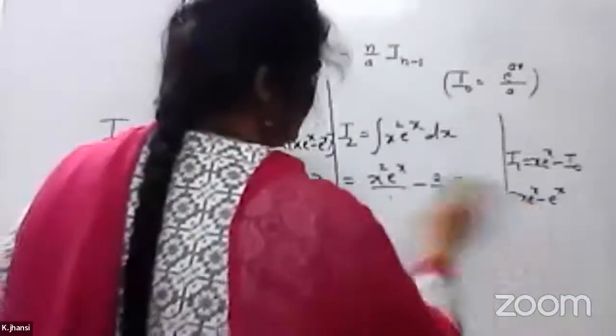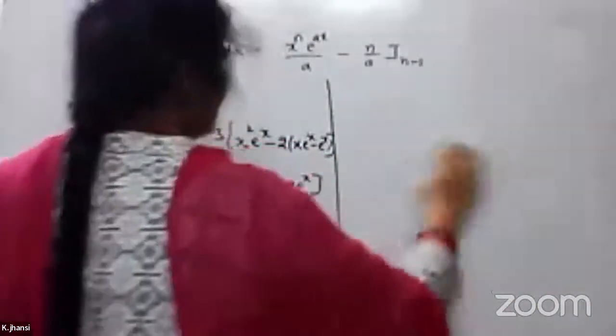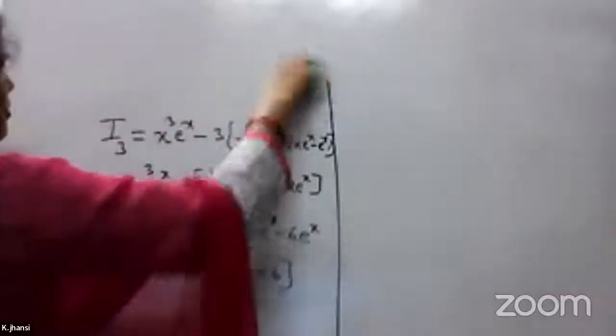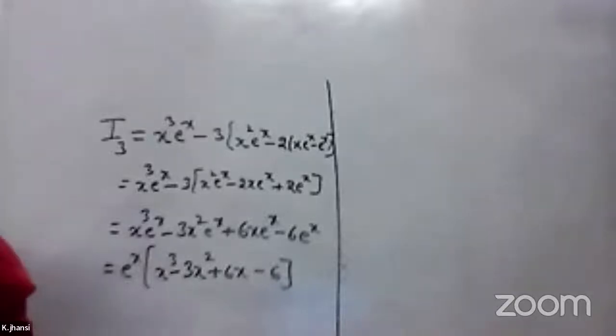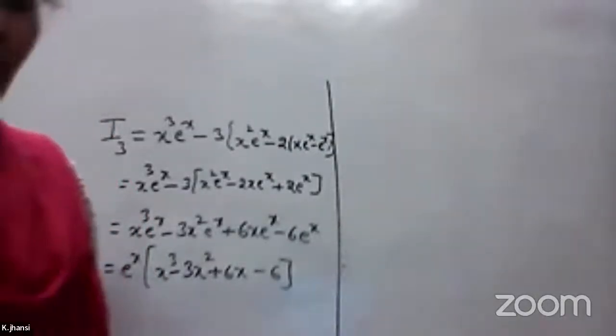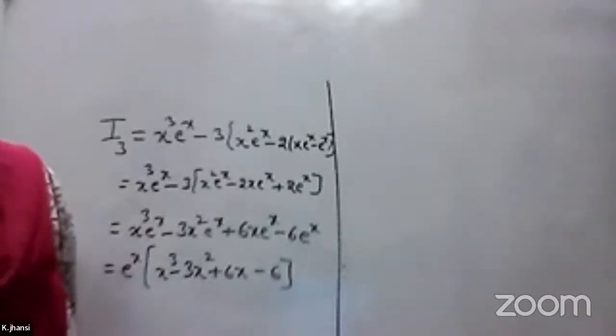Yesterday we even saw the formula for sine to the power of nx and also cos to the power of nx. The formulas for sine to the power of nx and cos to the power of nx will be the same. And I have also given the conditions. If n is even, the I0 value will be x, and if n is odd, the I1 value will be minus cos x.